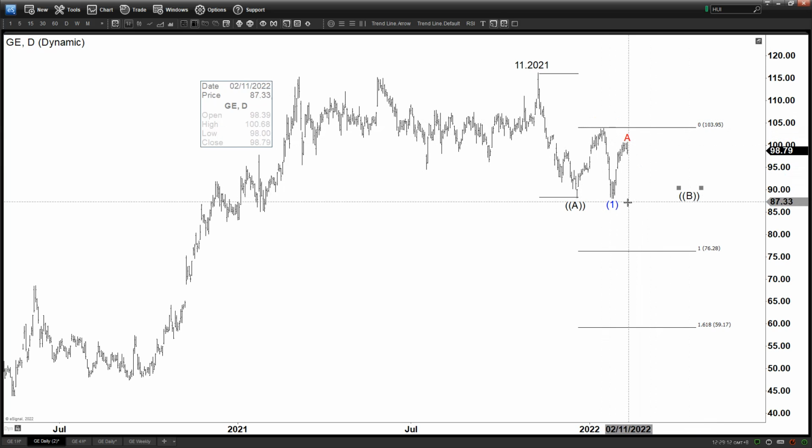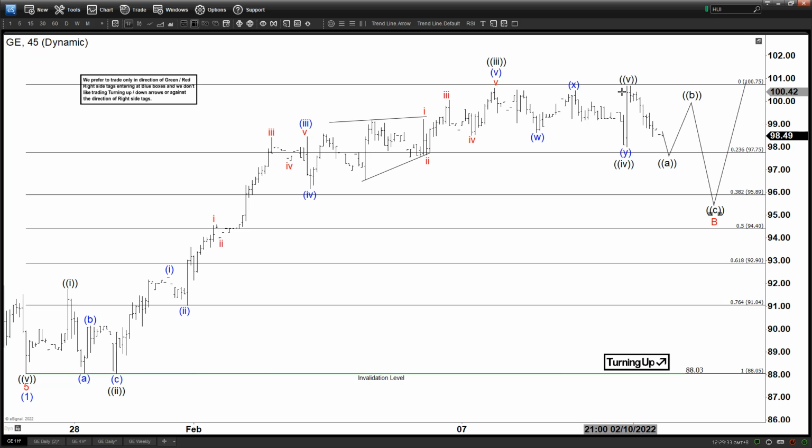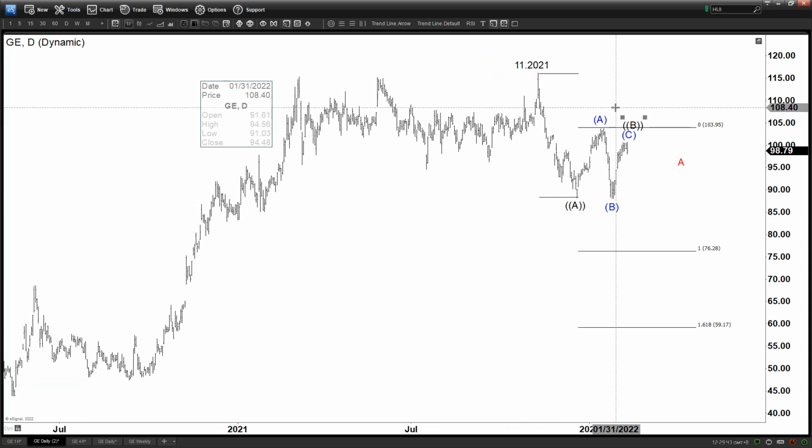So I can actually call it like this: A, B, and then this is your C, which does not break above the A. If it is doing a running flat like this, even though you have a 5 waves up, it doesn't guarantee you having another leg up if above 88. Because this could be a running flat from here, ABC, and then it goes down like this in the C leg. So that will be another possibility.